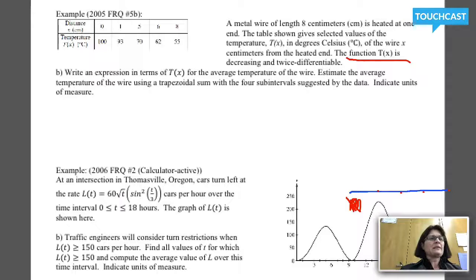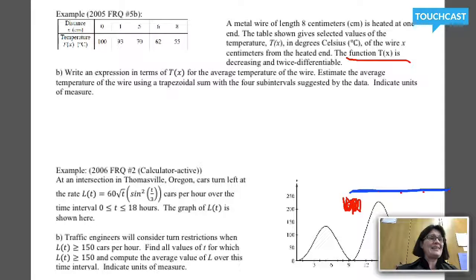We're going to practice average value of a function with this example here. So I'm told I have a metal wire. I drew a metal wire here, blue wire. It's 8 centimeters long, and I made this red because this is like a fire or something attached to the wire that's heating it up, and the heat is coming from this end where the fire is.